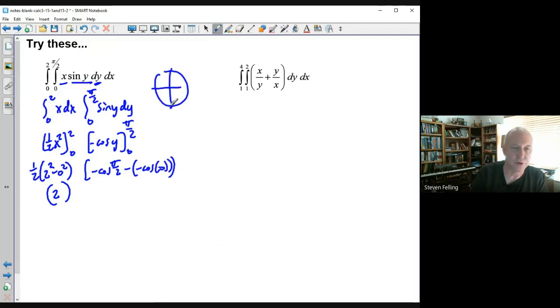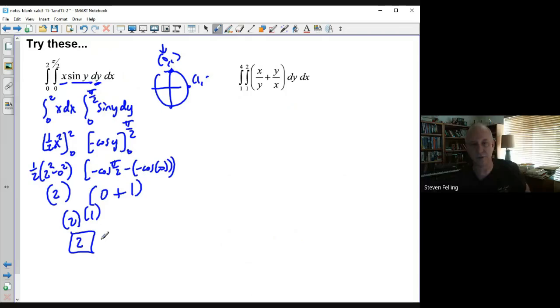On a unit circle, pi over 2 is up here, at 0, 1, so the cosine is 0. Minus negative, so plus cosine of 0, and at 0 cosine is 1. So this would be 1. So this will be 2 times 1, or 2. This evaluates to 2. So if you got 2 there, that was correct.